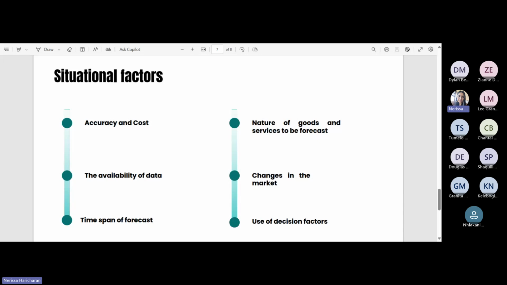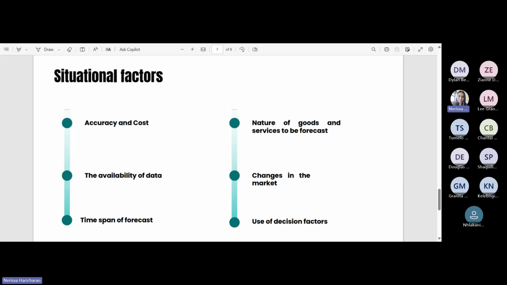The first one is accuracy and cost. There always has to be a correct type or technique used when you're doing your forecast, because it needs to be as accurate as possible. If you need a high accuracy level, then a lot more cost comes into play, because you need a large amount of information and data to make sure that all of your statistical methods and all of your interview tools are being used.